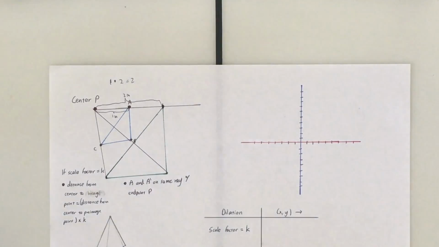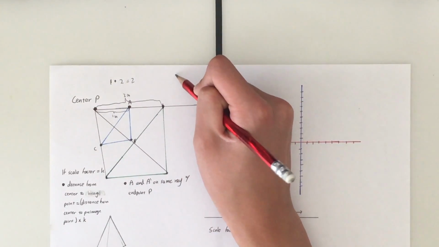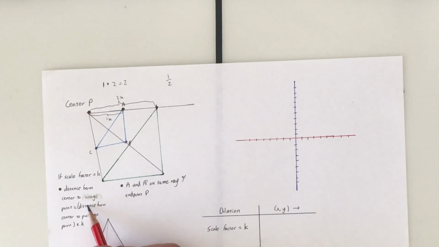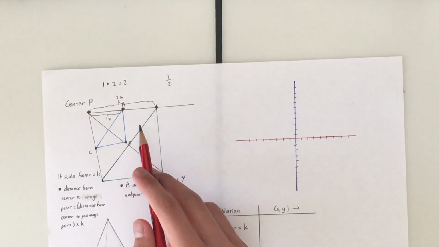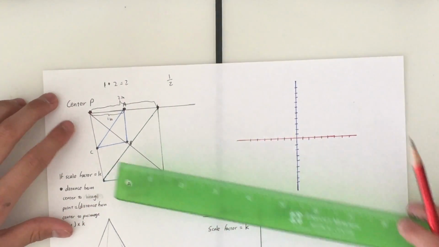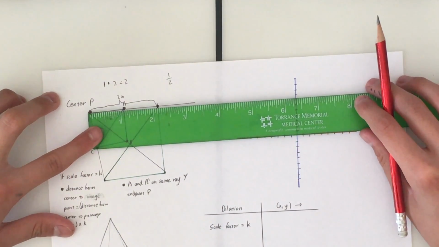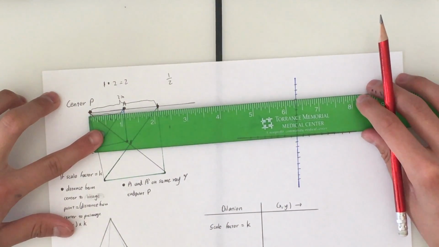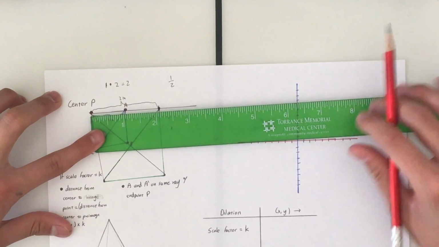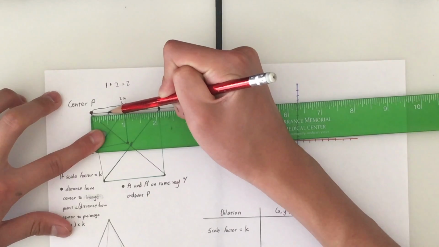Let's say that instead of 2, the scale factor is 1/2. So when your scale factor is smaller, the rule still applies. The distance from the center to the pre-image times k is the distance from the center to the image. But now since it's less than 1, we have to multiply this distance right here by 1/2. So you would basically just cut this distance in half. So that would be right here.